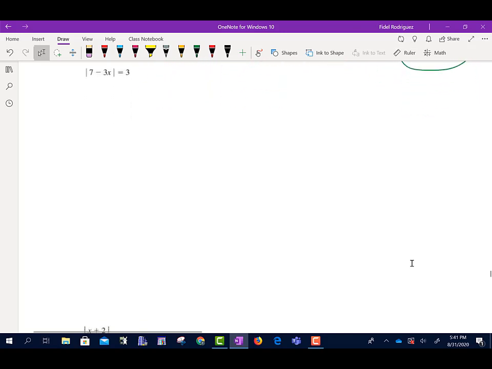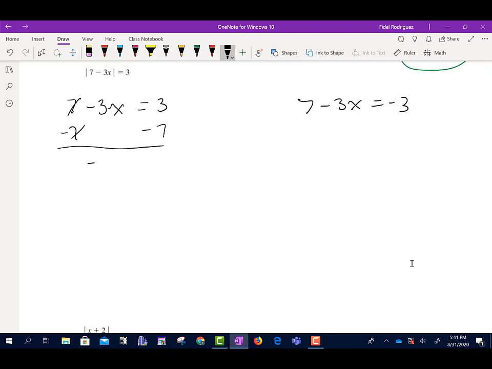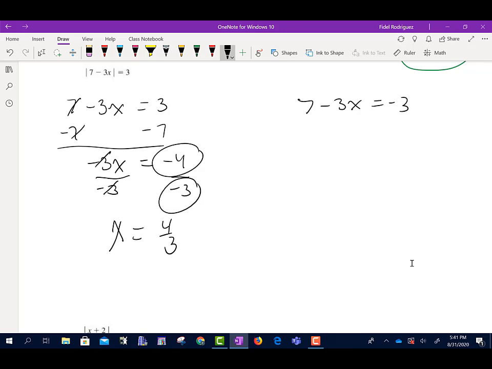So let's take a look at the next one. I'm going to do this exactly the same way I did the first one. I'm going to say 7 minus 3x is equal to 3, and 7 minus 3x is equal to -3. So let me go ahead and -7 on both sides. -3x equals 3 minus 7, which is a -4. Divide both sides by -3. Remember, a negative divided by another negative is a positive.